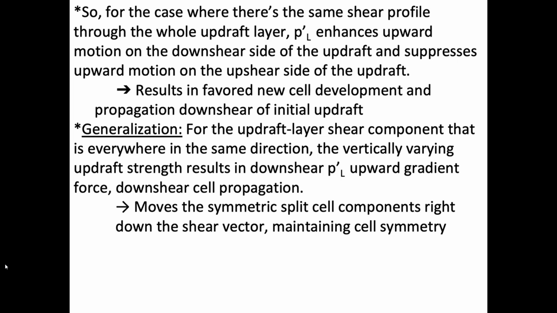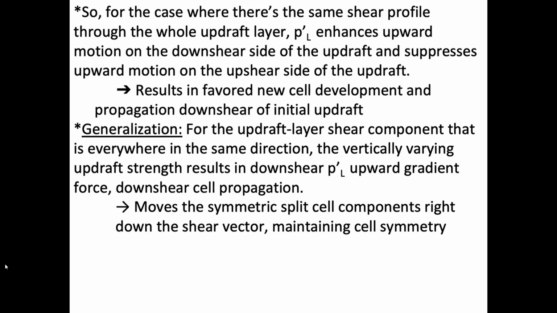So again, we've addressed the case where we have the same shear profile through the entire updraft layer. And what this does is it enhances upward motion on the down shear side of the updraft and suppresses upward motion on the upshear side of the updraft. And this is going to result in new cell development, propagation, down shear of the initial updraft.